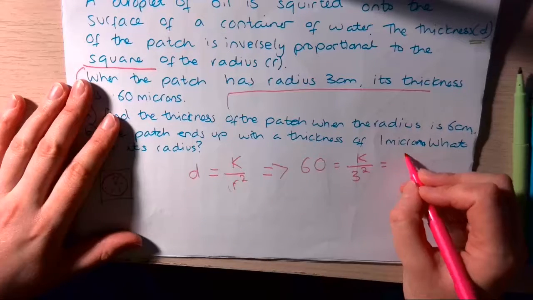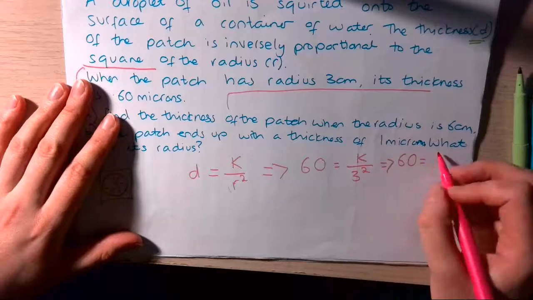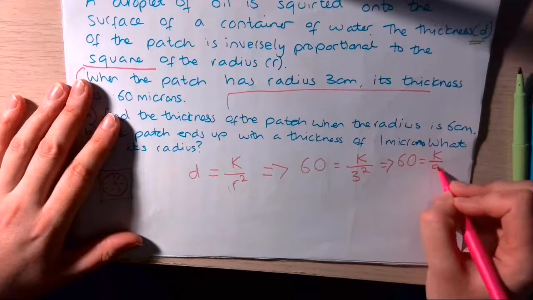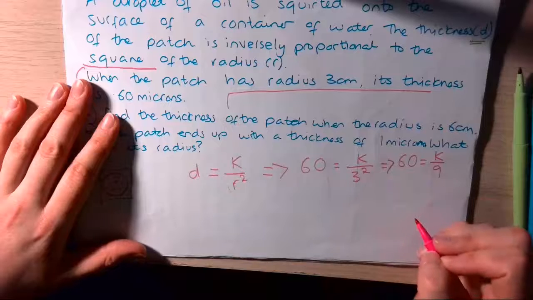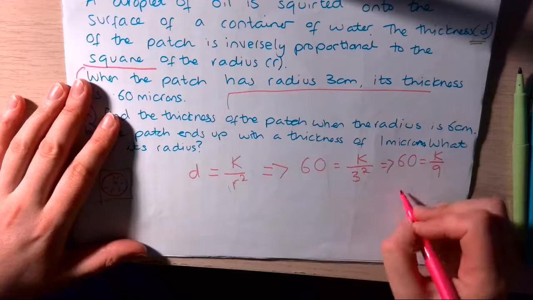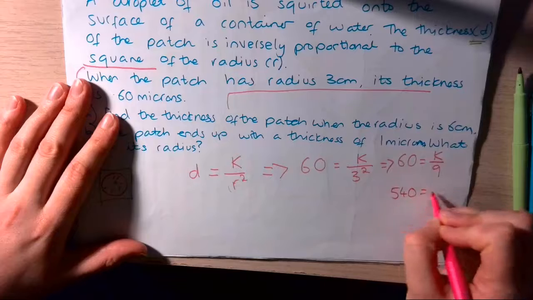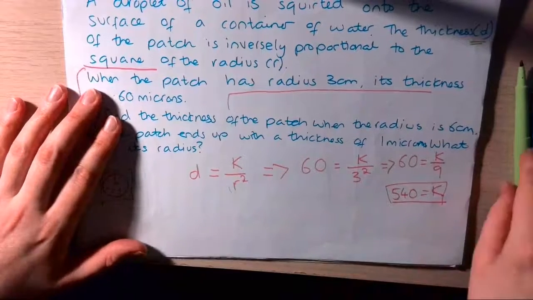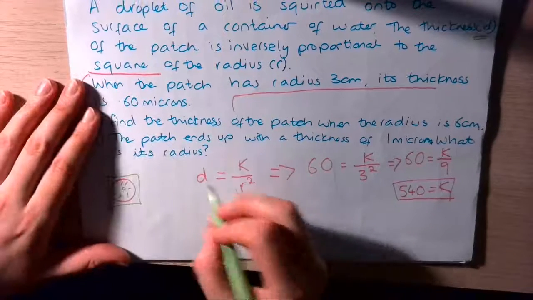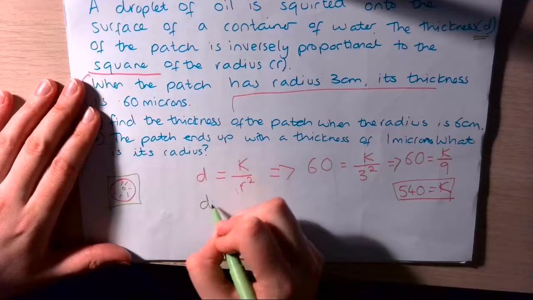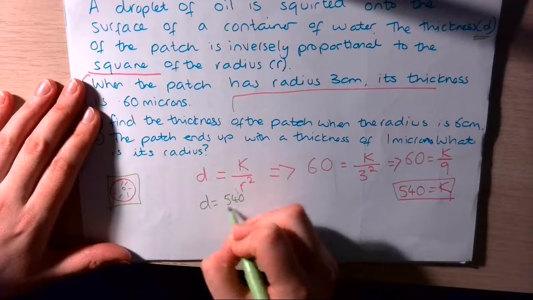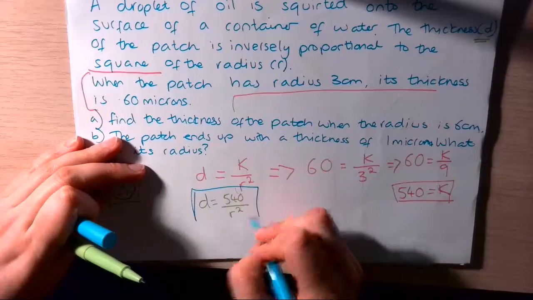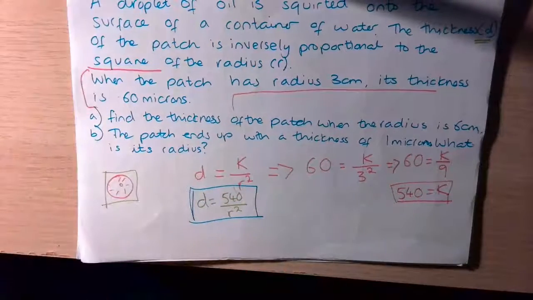So 60 equals k over 9, and then 60 multiplied by 9 is 540 equals k. So that's our k value. Let's put that back in. So we get d equals 540 over r squared. Okay, so that's our big equation there. That's the one that we're going to be using all the way through this question.